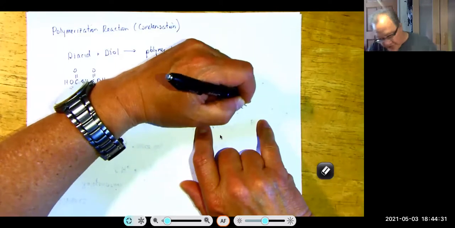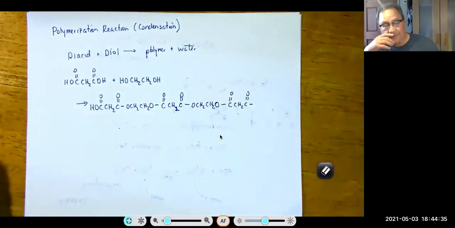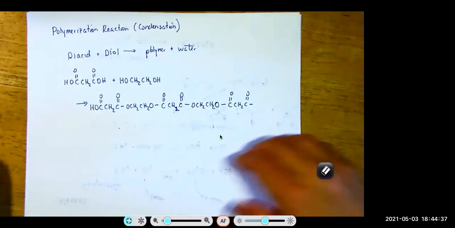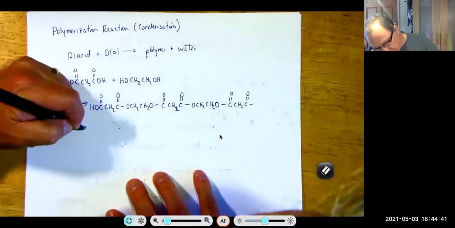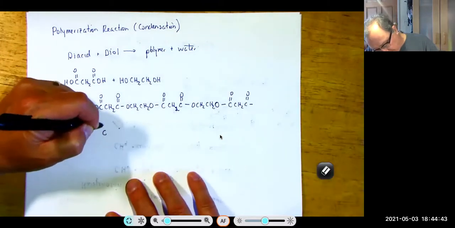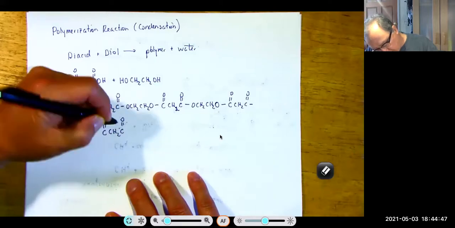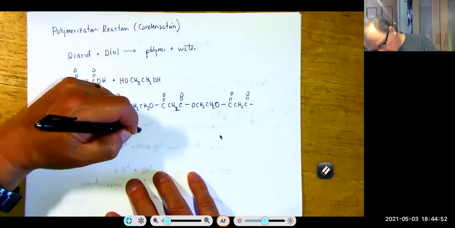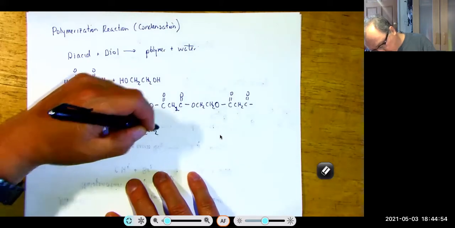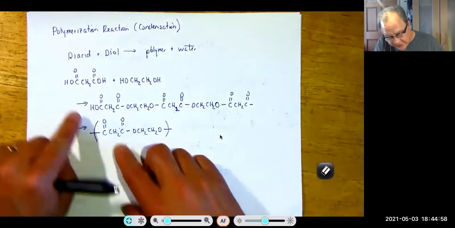So when does this stop? And the answer is it doesn't. It goes on forever. Okay. So how do you draw the polymer? And the answer is what you do is you take the acid and you take the alcohol, and the acid, you take the OHs off.